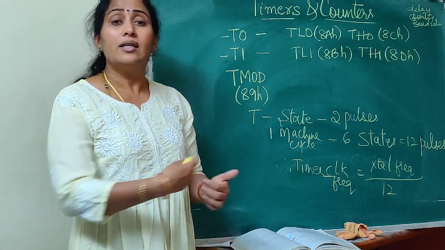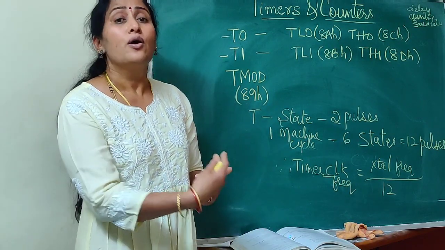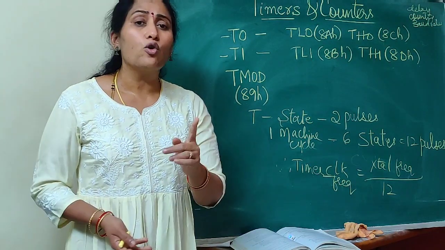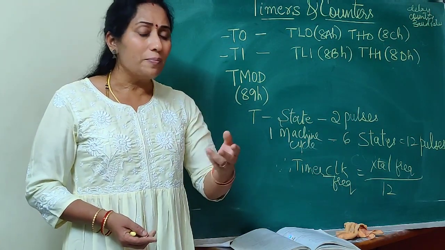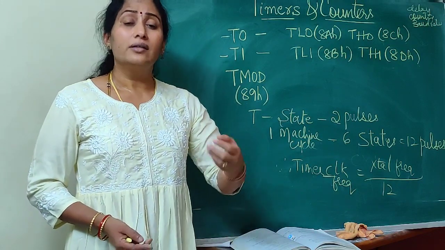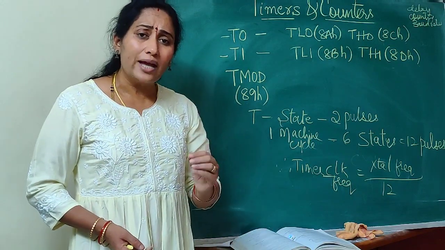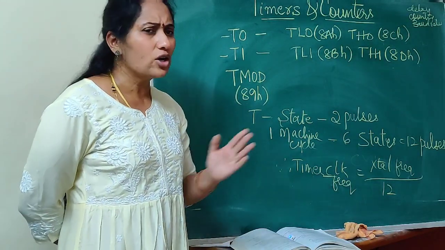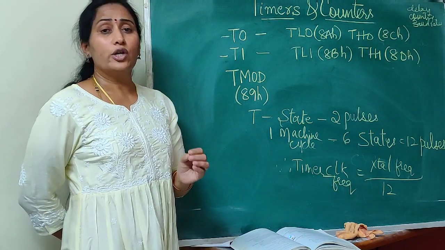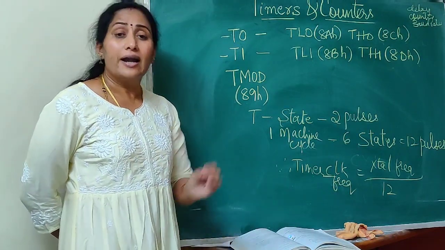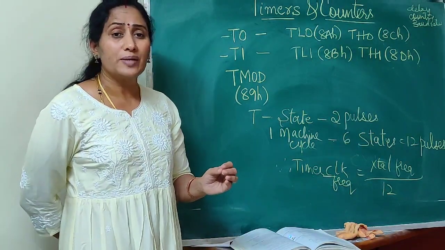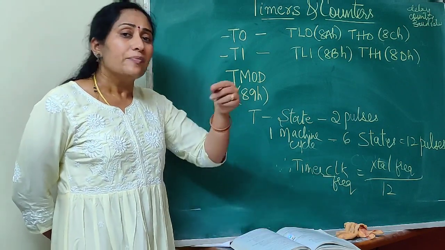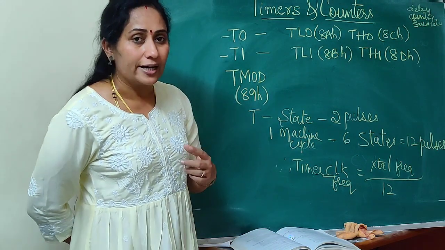Say, for example, MOV A, R0 takes only 1 machine cycle, whereas complicated ones, like multiplication and division, take more machine cycles, like 4. So it all depends upon how the source and destination operands are specified and what operation is being performed.